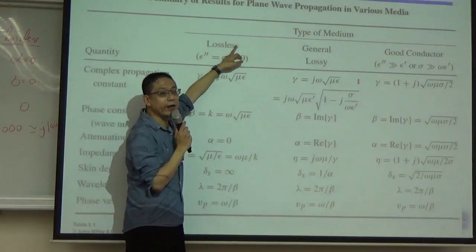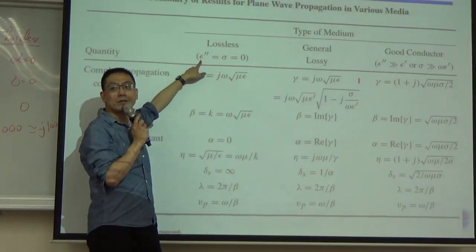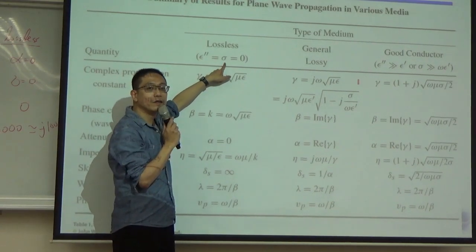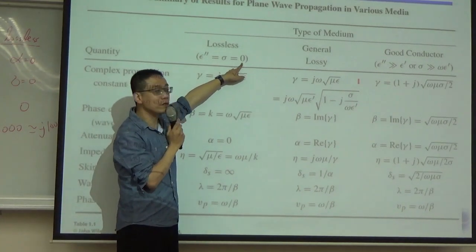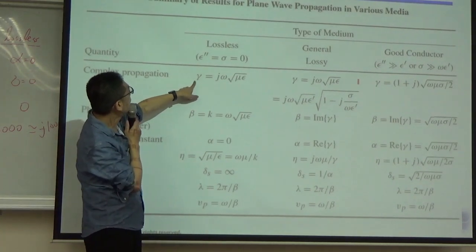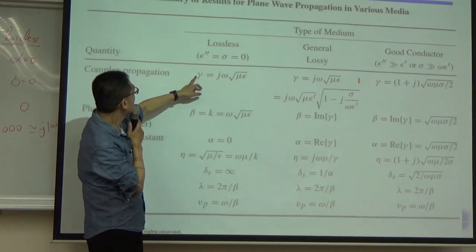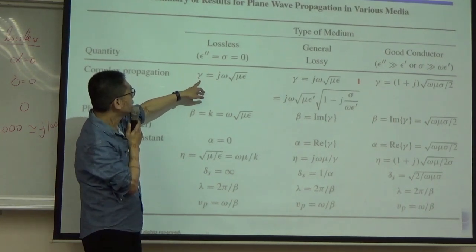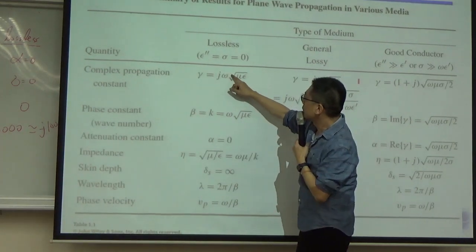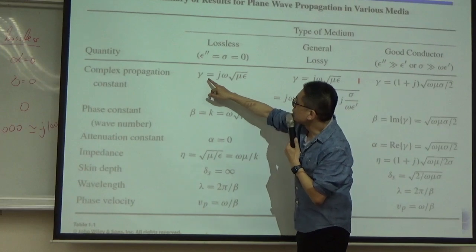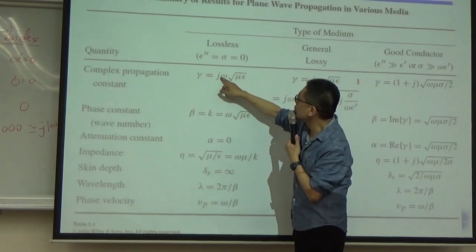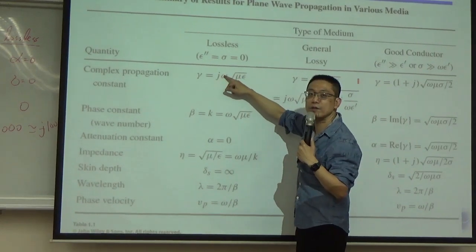If that is lossless, your absolute epsilon double prime and your conductivity, both of them are 0, and all of the result, the gamma, original one equals alpha plus j beta, right? But for your lossless term, it equals only jk, or you say j beta.